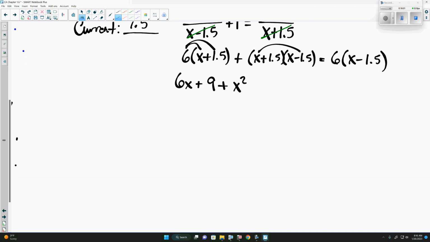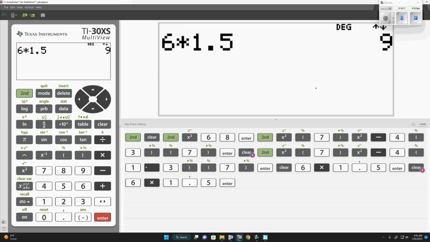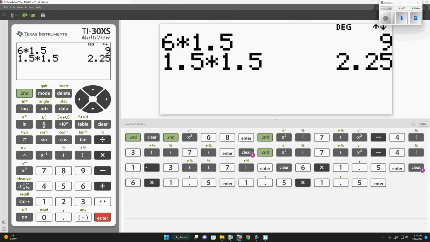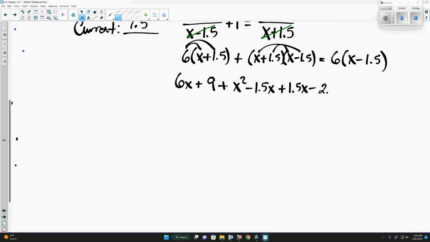X times negative 1.5 will be negative 1.5x. 1.5 times x is going to be plus 1.5x. Minus 1.5 times 1.5, I think, is 2.25. Is equal to 6 times x, which is 6x. 6 times negative 1.5 is negative 9.